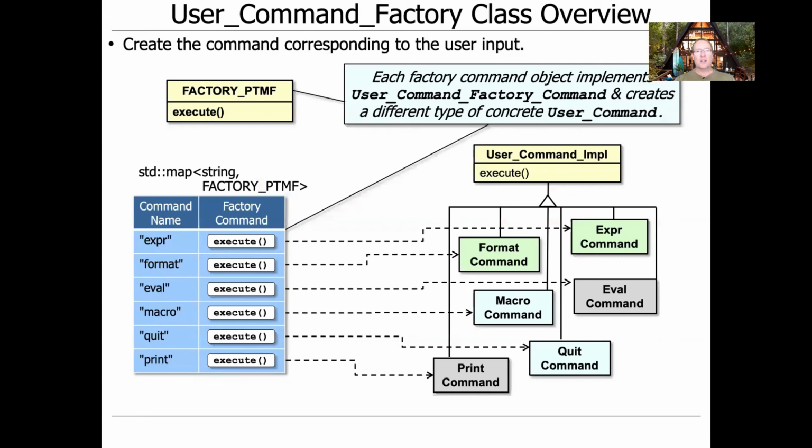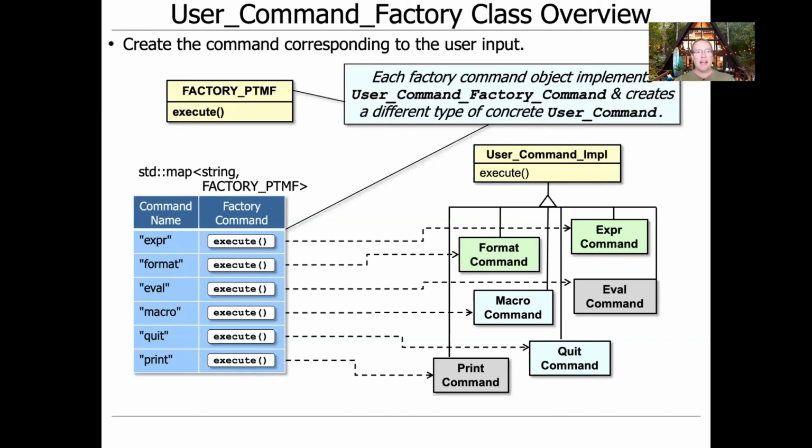Now we're going to go one step further to make things even more extensible by using this really cool pattern that I love to apply whenever I'm making factories. And what I do is I basically make a map that maps strings to some kind of creational mechanism to make the appropriate type of object that's being requested. So in this particular case, we're going to have this thing called factory PTMF, which is a typedef for factory pointer to member function.